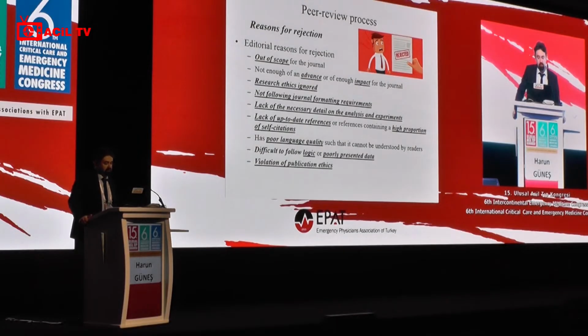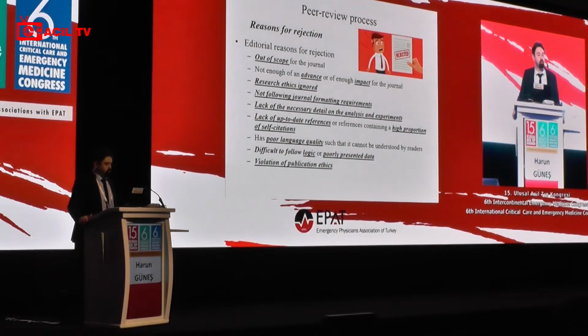Not following journal formatting requirements, lack of the necessary detail on the analysis and experiments, lack of up-to-date references, or a high proportion of self-citations are other possible reasons for rejection.